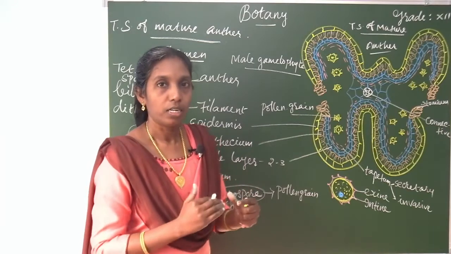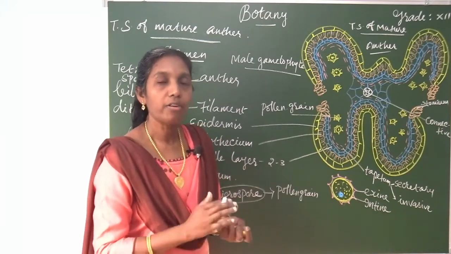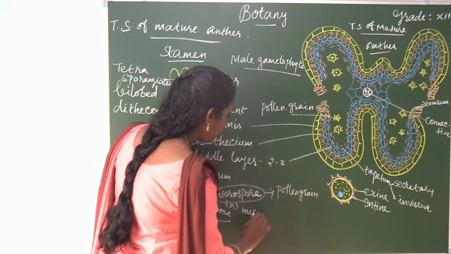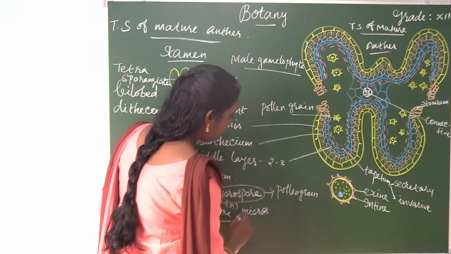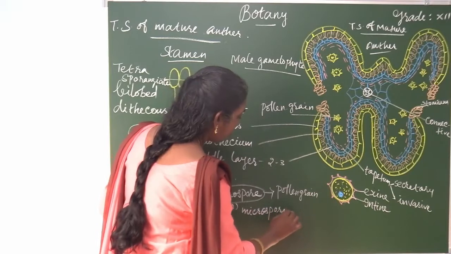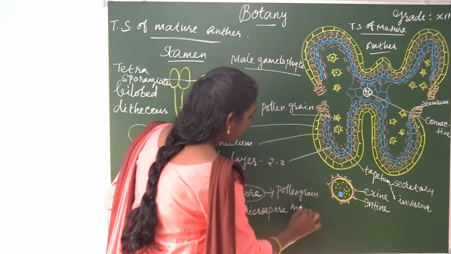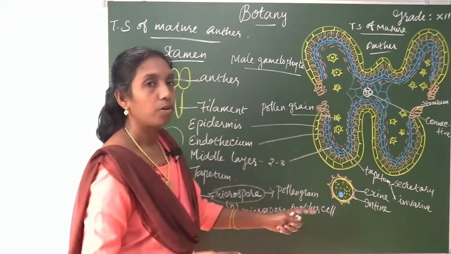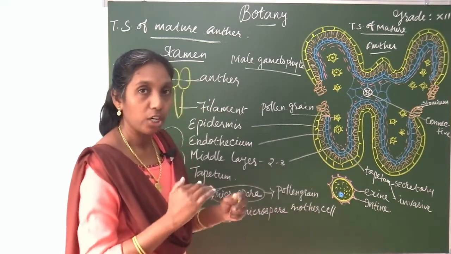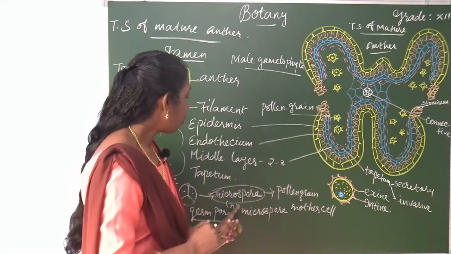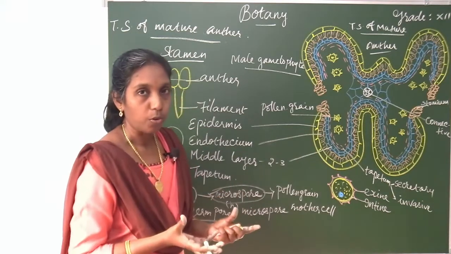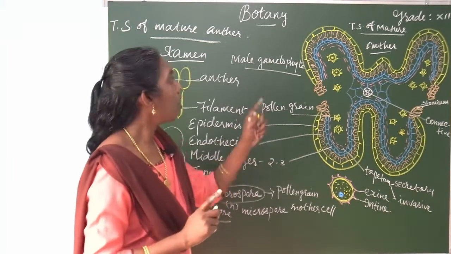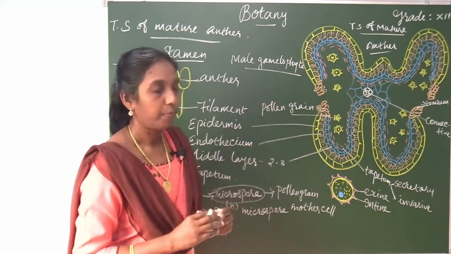You already learned that the microspore is derived from the microspore mother cell. This microspore mother cell undergoes meiotic division and produces microspore. Now this microspore is the first cell of the male gametophyte.